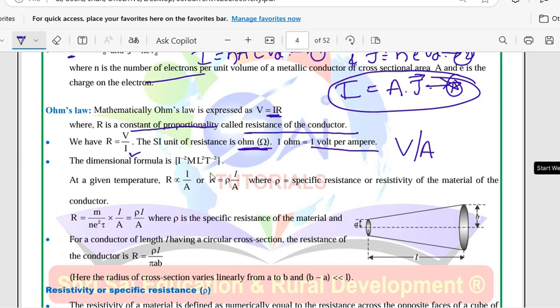The dimensional formula is I to the power of minus 2, M, L square, T to the power of minus 3. Point to be remembered.